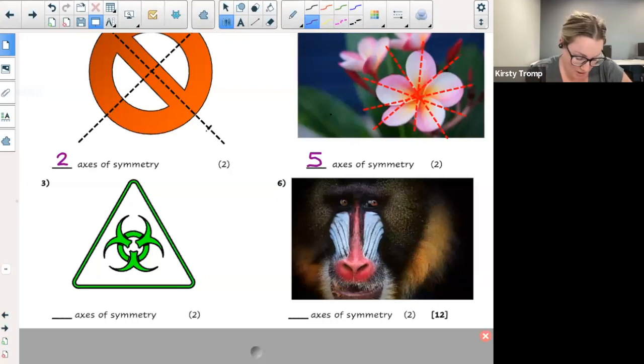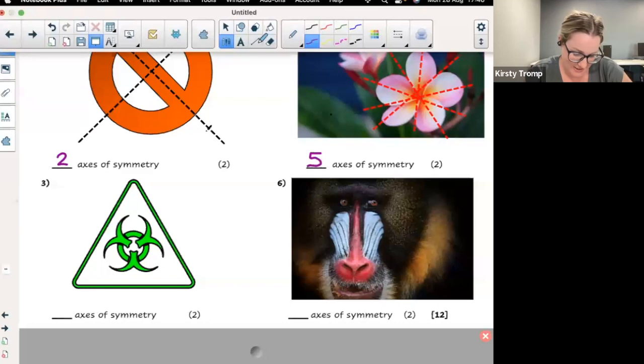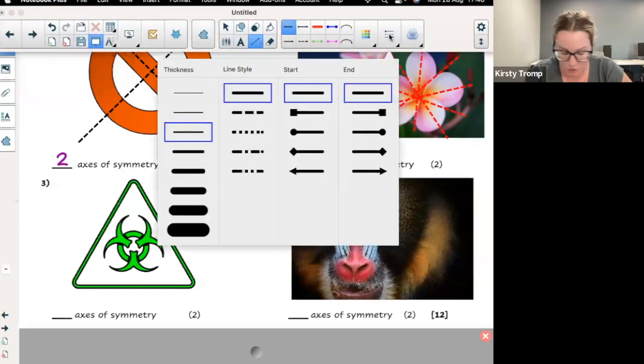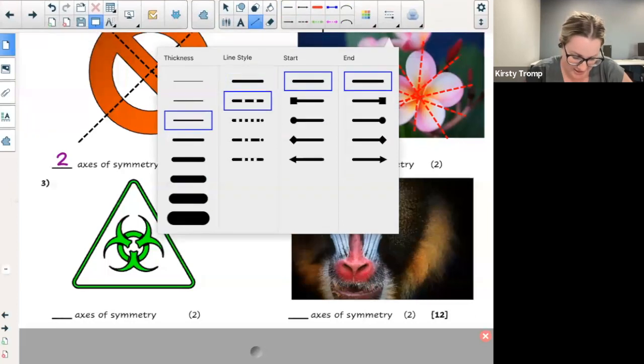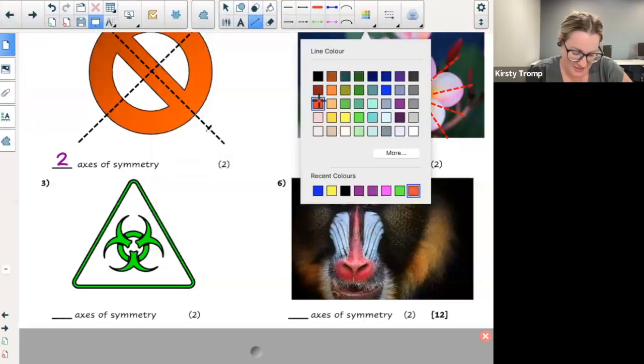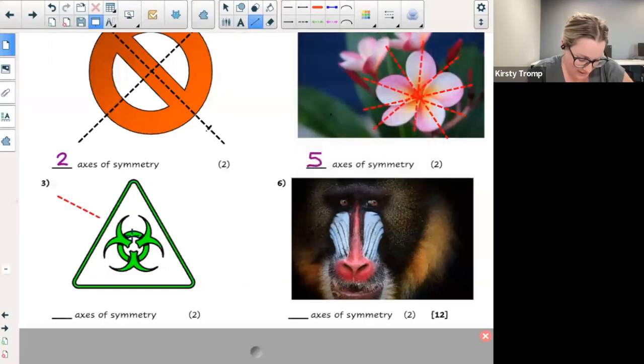Tara Jane, talk to me about number 3. Are there lines of symmetry in number 3? Yes, there is. What kind? Vertical, horizontal, diagonal? There's vertical and horizontal lines, I think. Well done. So there's definitely a diagonal, and another diagonal going that way.